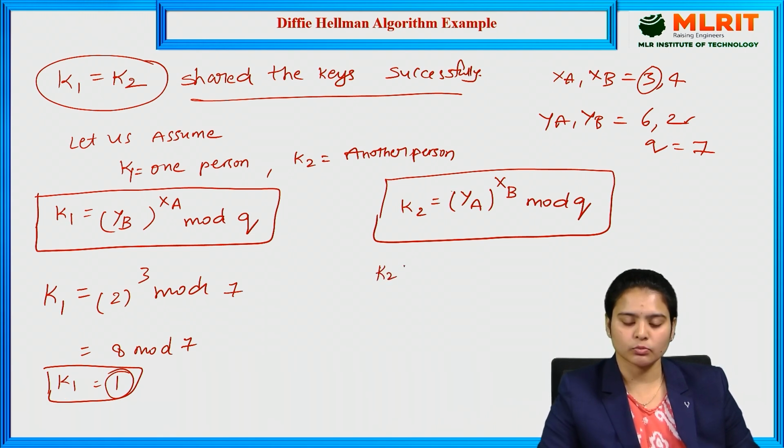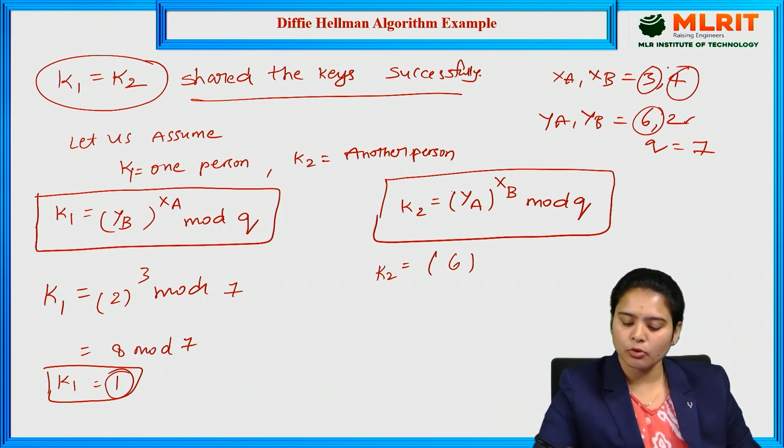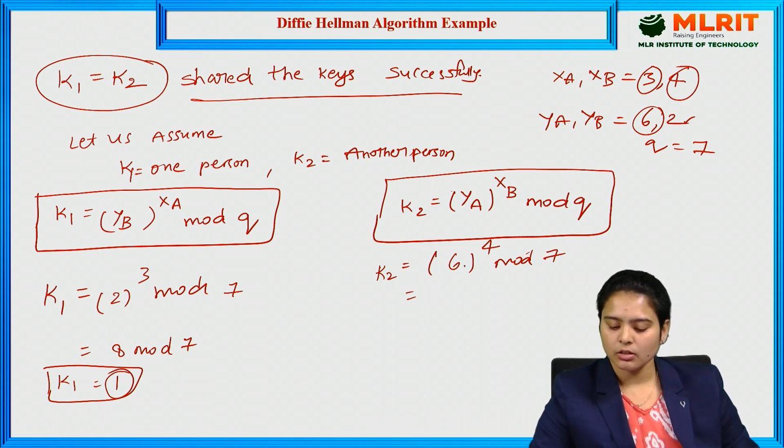Then K2: YA value 6, XB value 4, mod q value is 7. So 6 power 4: 6 times 6 is 36, 36 times 6, total 1296, mod 7.